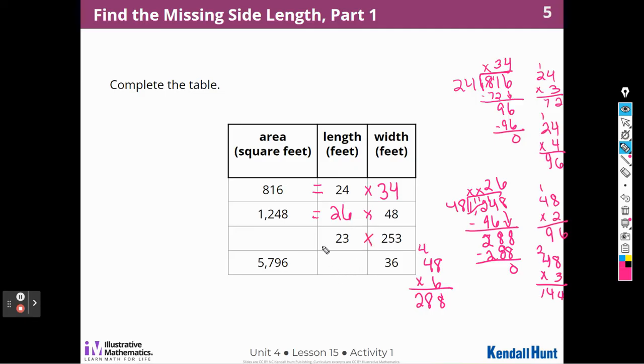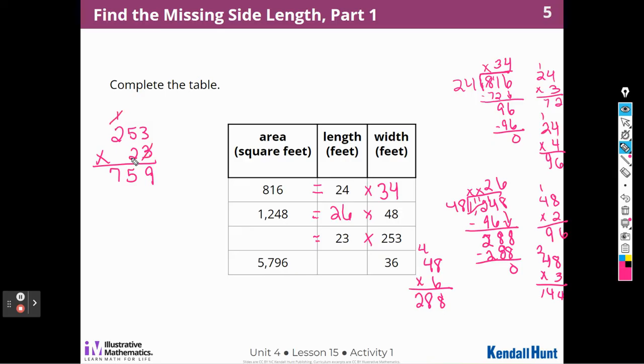Again, I'm going to multiply length times width, and that's going to give me area this time. So I'm going to do that one over here. 253 times 23. 3 times 3 is 9. 3 times 5 is 15. 3 times 2 is 6, plus 1 is 7. I don't need that 0 anymore, and I'm done with the 3.